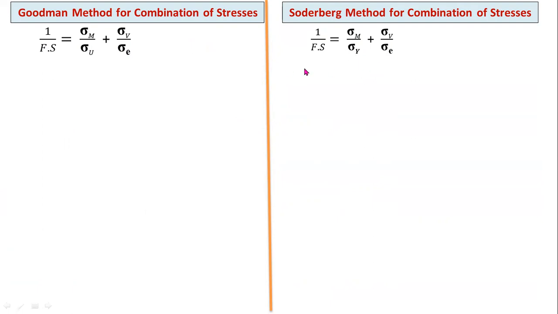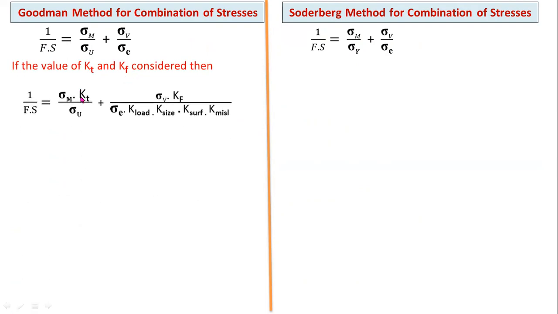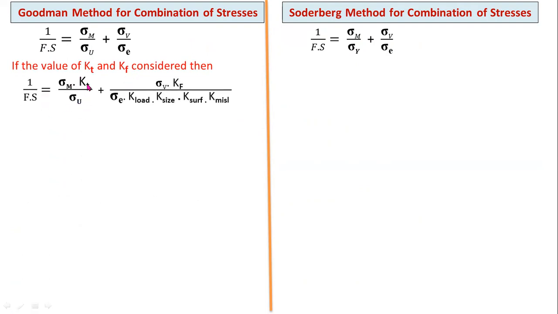Remaining is the same. If we are considering the theoretical stress concentration factor Kt and the fatigue stress concentration factor Kf, then the equation is 1 by Fs equals sigma m into Kt by sigma u plus sigma v into Kf by endurance limit into load factor into size factor into surface finish factor into miscellaneous factor.